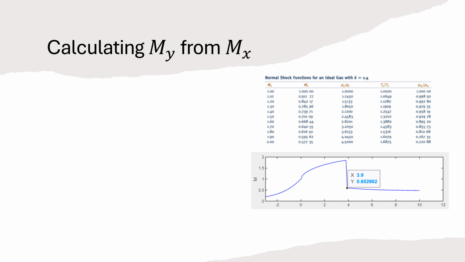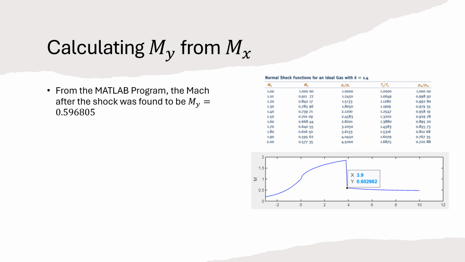Next up is calculating My, or the speed of the flow after the normal shock wave. From the MATLAB program, from the previous slide, it's the same graph with just a different value. We found My to be around 0.6 Mach, so about half the speed of sound. Now, we're going to do two different approaches.